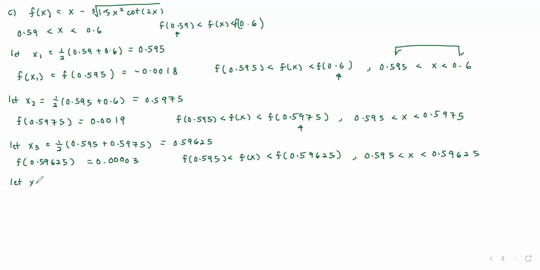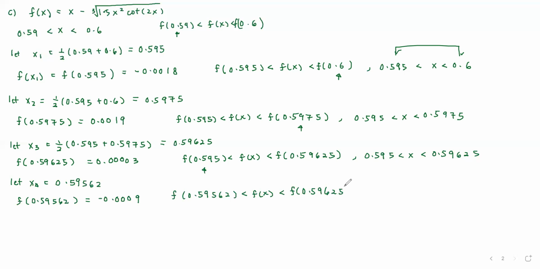We will continue this painful process. Average these two values, and you should get a value of 0.59562. Then evaluate at 0.59562. That is negative 0.0009, which is negative. This is replaced now. So f of 0.59562 is less than f(x), and f(x) is less than f of 0.59625.